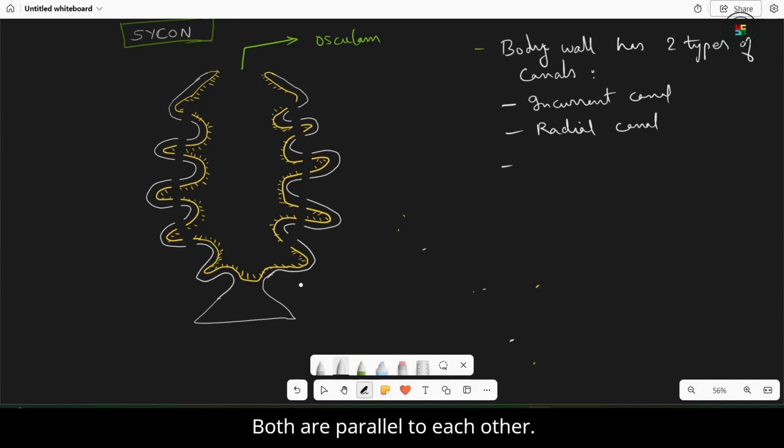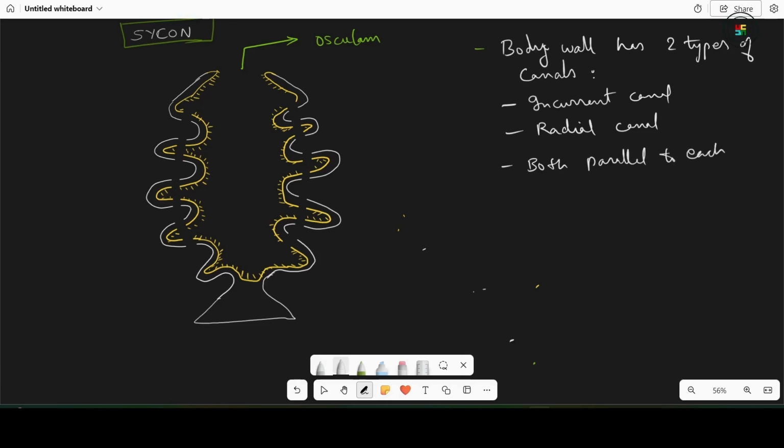Both are parallel to each other and alternating with each other.